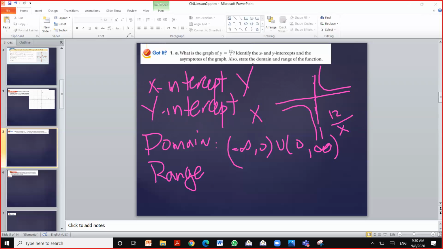The range will also be the same, from negative infinity to 0 and from 0 to infinity. It also has the same x and y intercepts, and the asymptotes are the same. The vertical asymptote is the y-axis, and the horizontal asymptote is the x-axis.